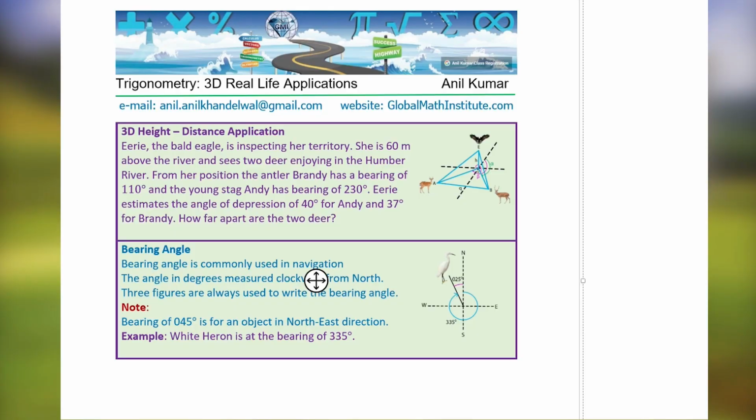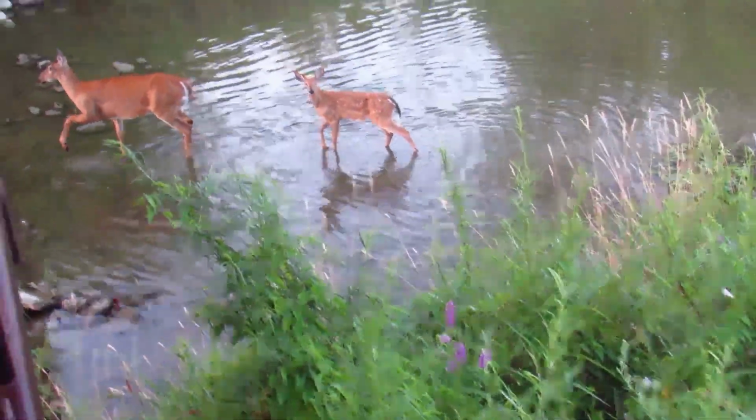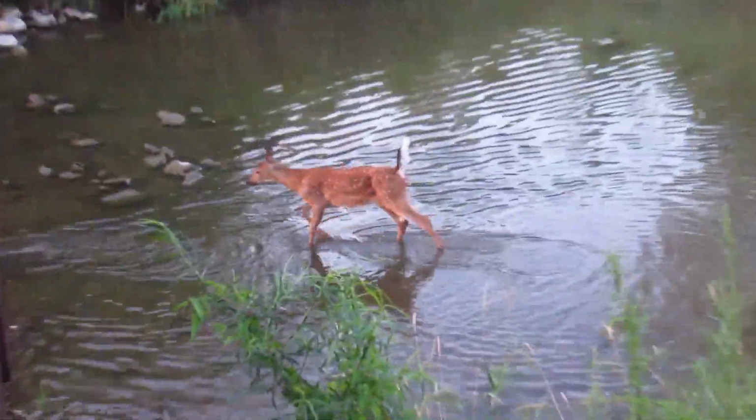Here is the question for you. It is based on 3D height distance application. Eerie, the bald eagle, is inspecting her territory. She is 60 meters above the river and sees two deer enjoying in the Humber River.